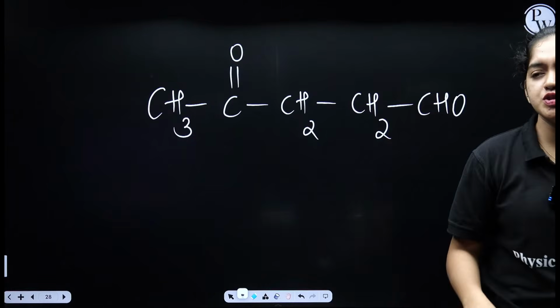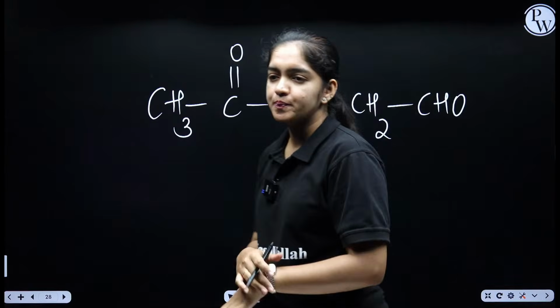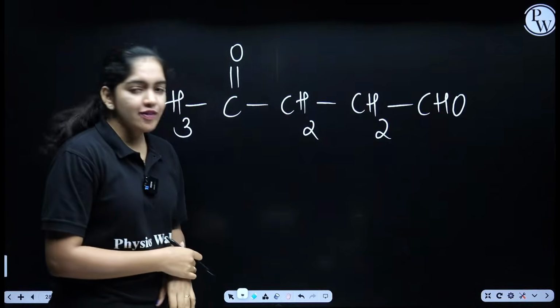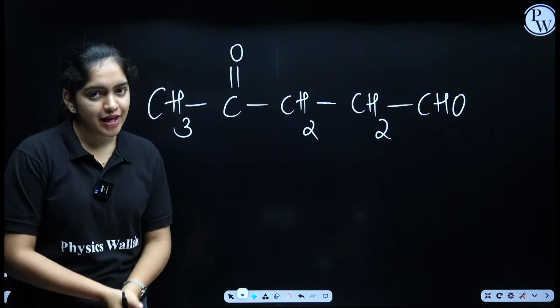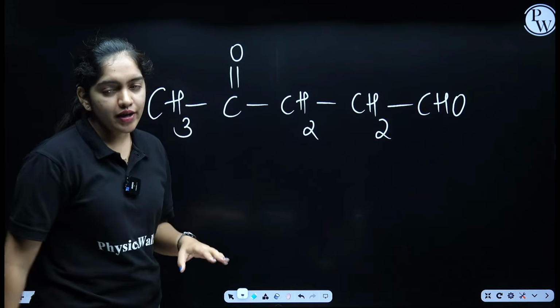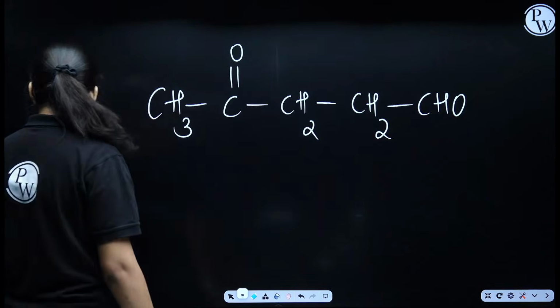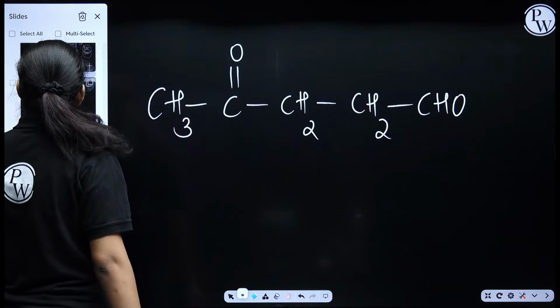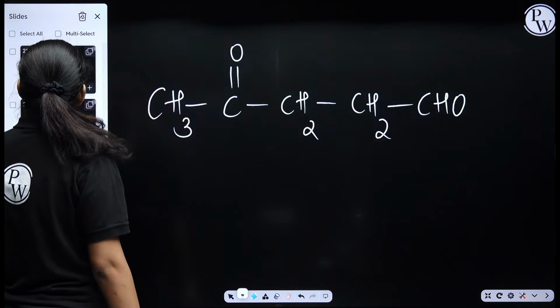Can anyone tell which will be the IUPAC rule that we are going to follow here? If 2 functional groups are present together, we should follow the order of the priority, and according to the order only we can give the name. What was the priority order?